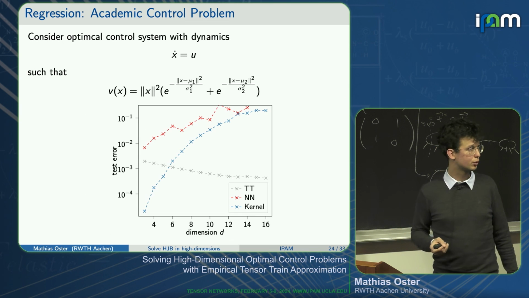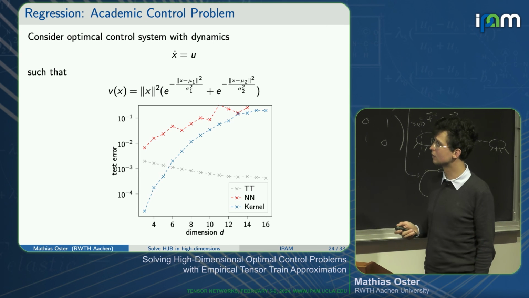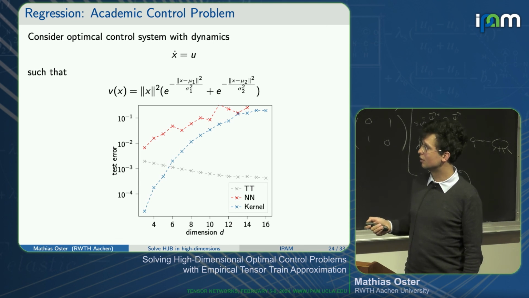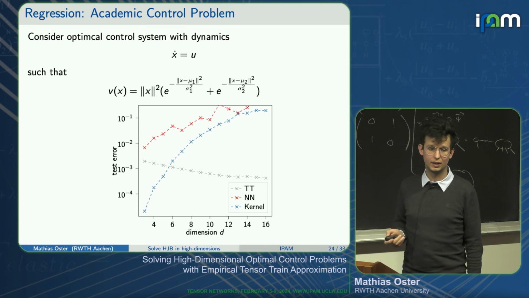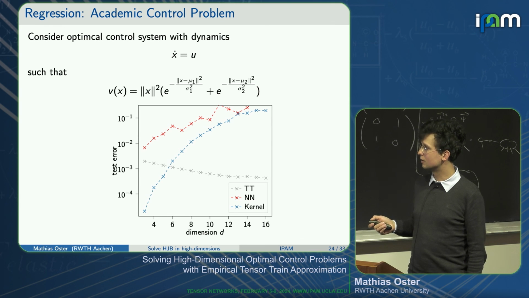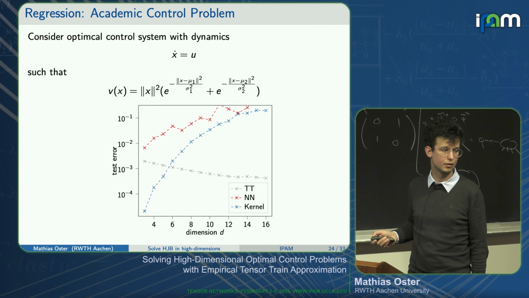And lastly, I want to show one more academic control example, because we prescribed the value function. This was to test some other optimal control methods that we used. And here we plotted the approximation error with respect to the dimension of the test model.